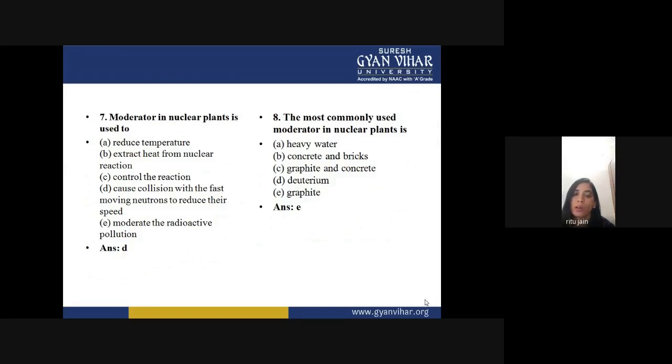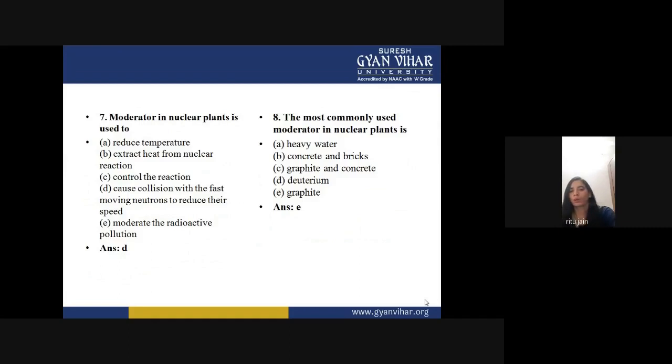We have already discussed that a moderator is used to slow down the nuclear reaction. So D is the right answer: a moderator causes collision with the fast moving neutrons to reduce their speed.